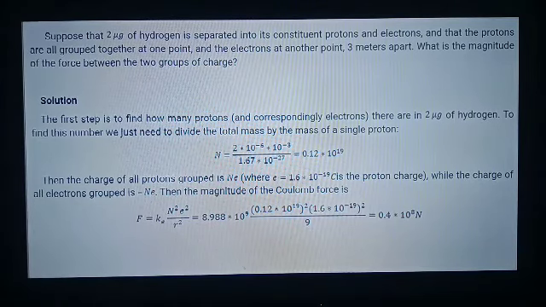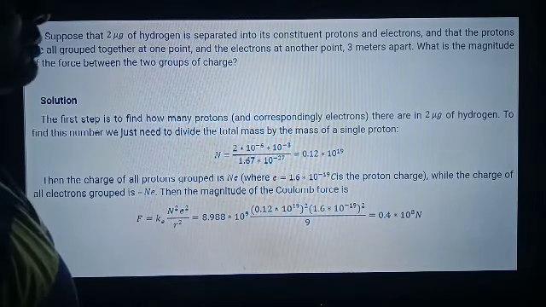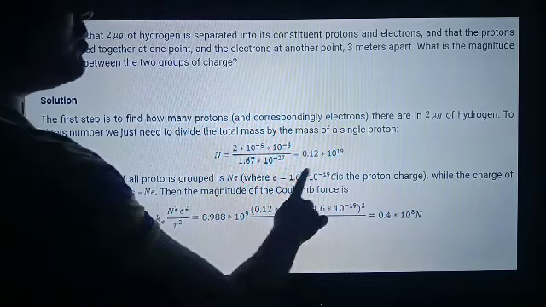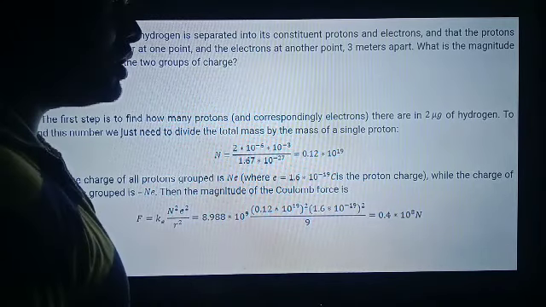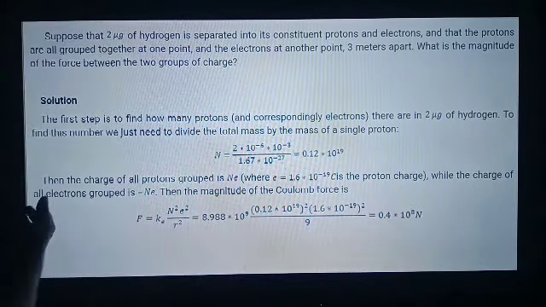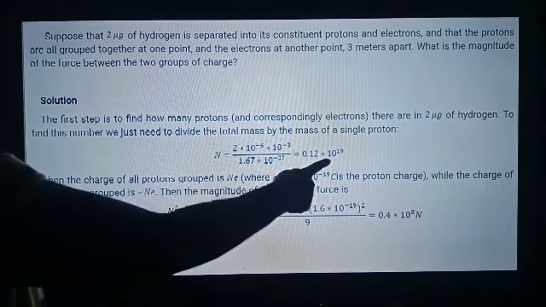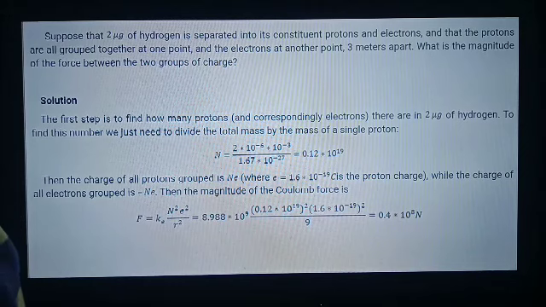So the charge of all protons grouped will be equal to number of protons into electronic charge, that is 1.6 × 10^-19 Coulomb. While the charge of all electrons grouped is minus Ne, minus due to the negative sign of the charge of electron. So N is 0.12 × 10^19 times electronic charge.